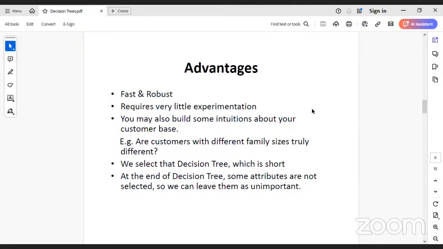Decision trees are primarily used for classification rather than regression. Now we are learning new terms called regression and classification. What is that? Suppose India and Pakistan are playing a cricket match, and some analysts want to predict which team will win, whether it is India or Pakistan. So we have only two options.